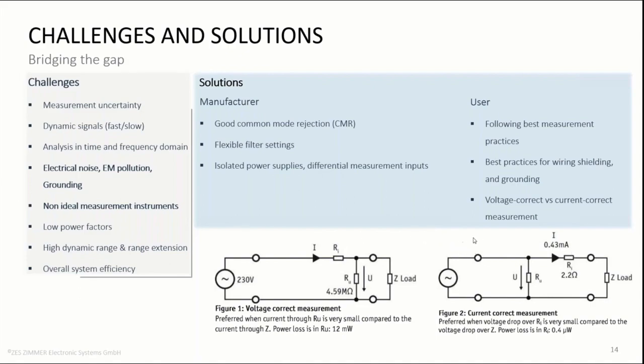For example, measuring the standby current of the load here using a voltage correct measurement will result in a small voltage drop on the amp meter's internal resistance, Ri, and a small current leak on Ru. The measured current I is the sum of the load current that we want to actually measure and the leaked current into the voltmeter.